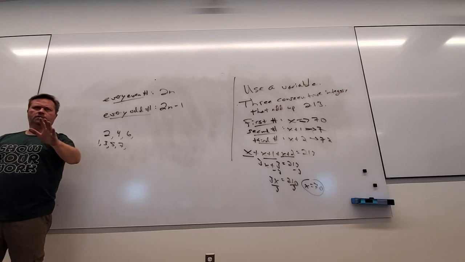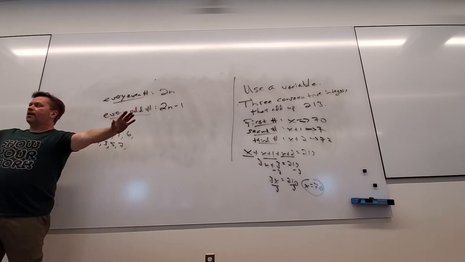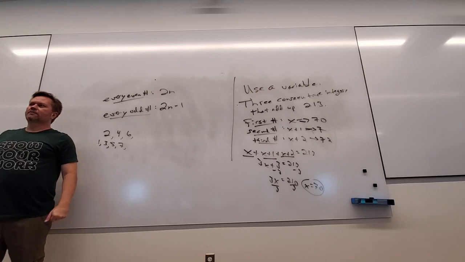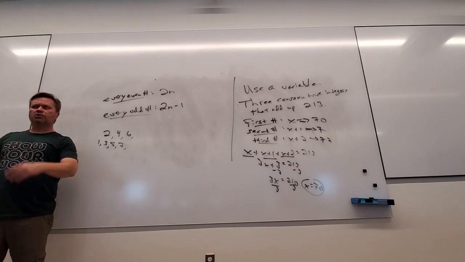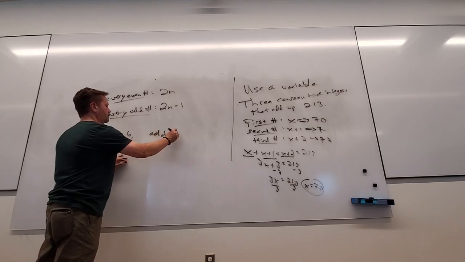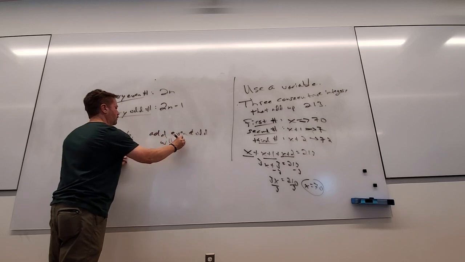Is that cool? So if I wanted to say, if you add an even and an odd, will it always be odd? You could do some examples. If you add an even and an odd, will the answer always be odd?